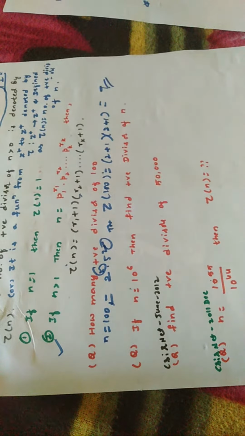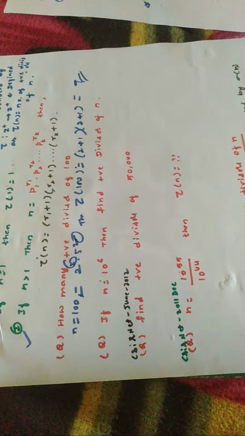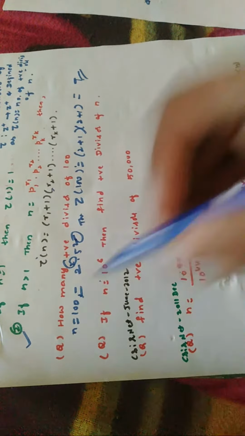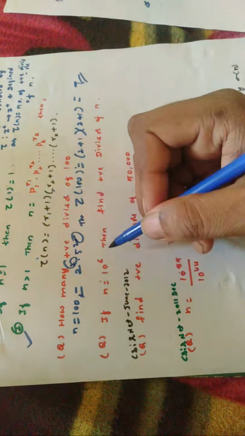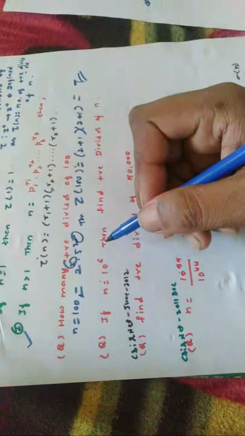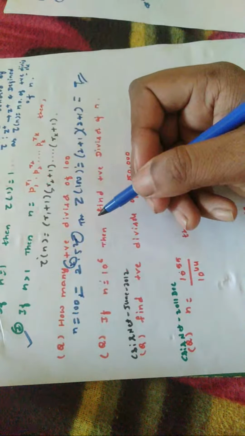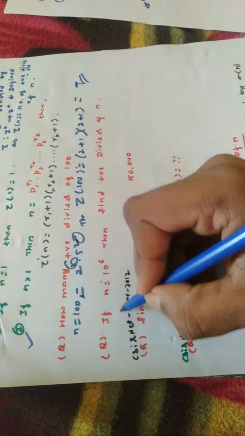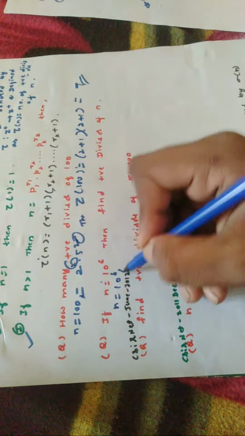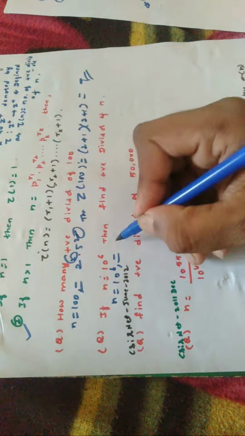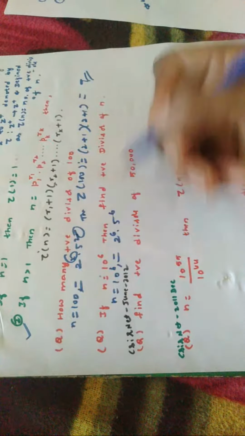The answer is 9. And there is one more question. If n is equal to 10 power of 6, then find the number of positive divisors of n. Here n is equal to 10 power of 6, and we write this as 2 power of 6 into 5 power of 6.